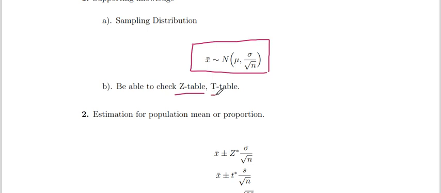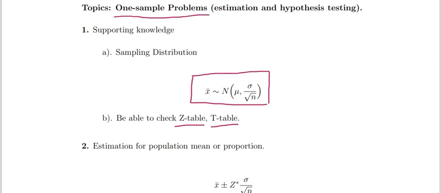We have to know how to check the Z table and T table, so we should understand them. Those are the basic preparation for this exam: sampling distribution and Z table, T table.